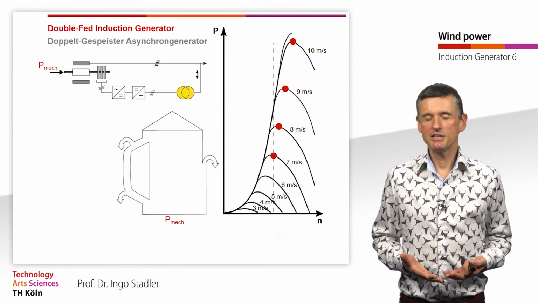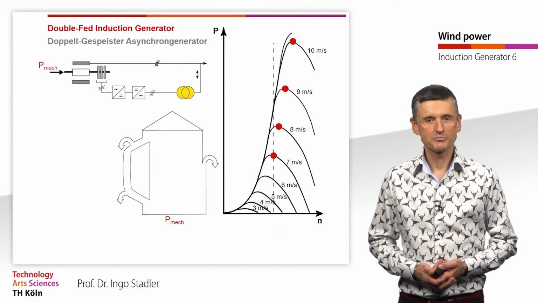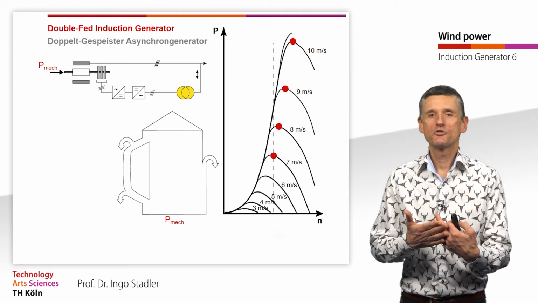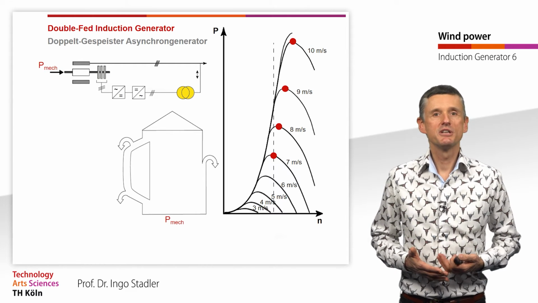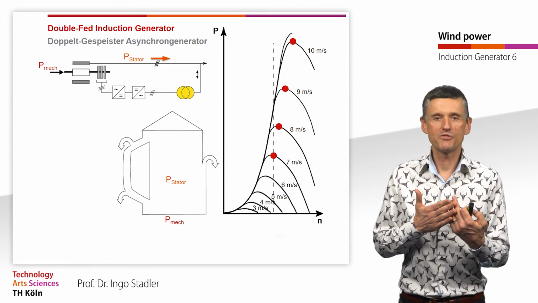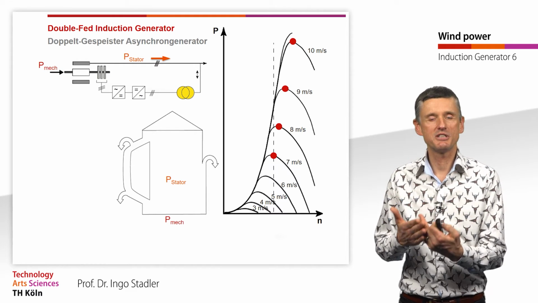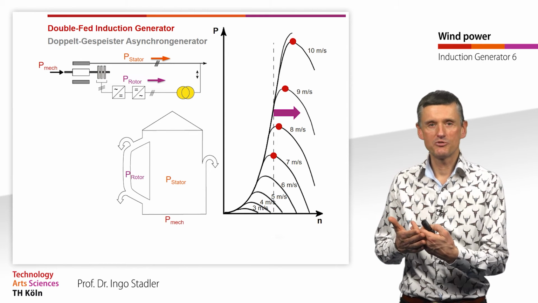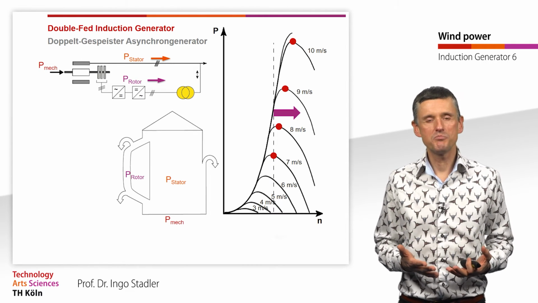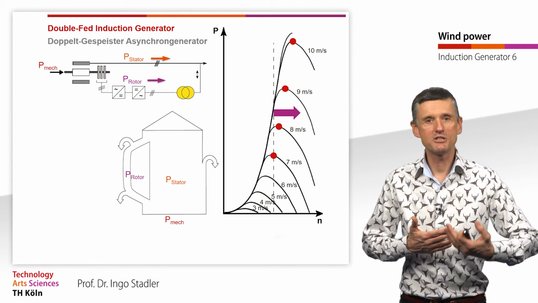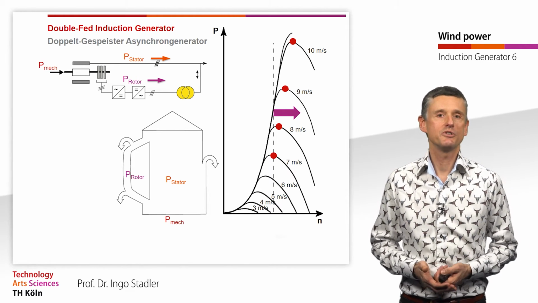And that we explain here with this Sankey diagram. So we start with the mechanical power transferred from the rotor, and still the majority of the power, the largest fraction, goes via the stator. But now, due to this over-synchronized operation, we have an additional power that is fed through the rotor and through the frequency converter also to the grid.